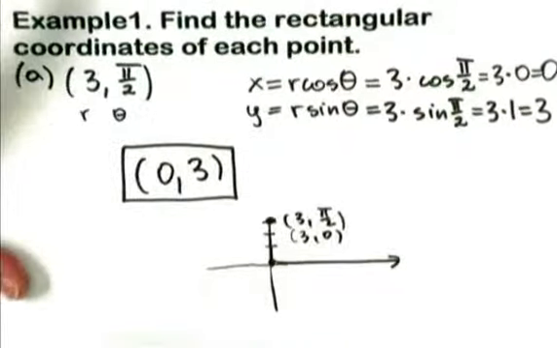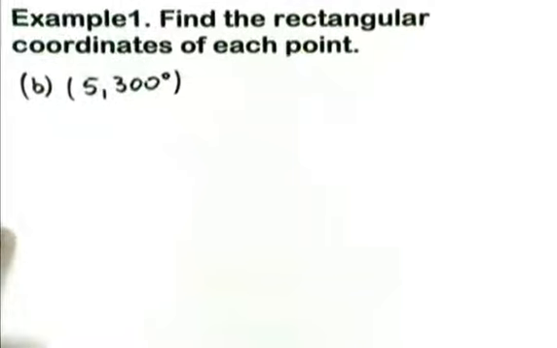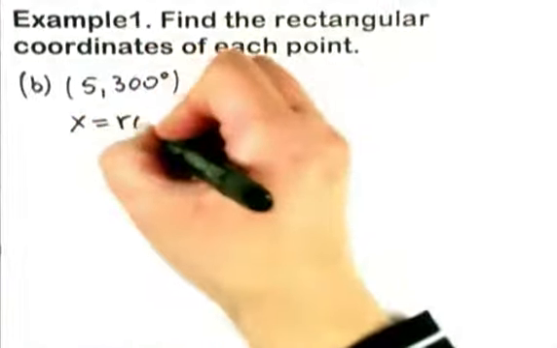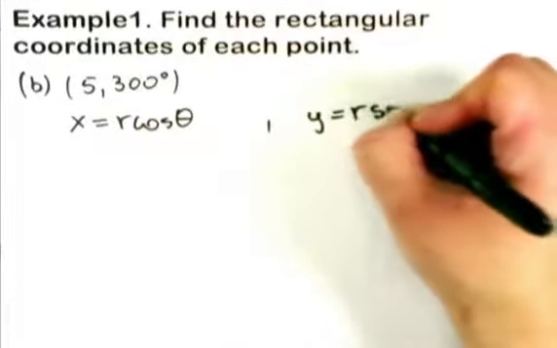Now we have example B. Find the rectangular coordinates of each point. So the same story. x is equal to r cos theta and y is equal to r sin theta.